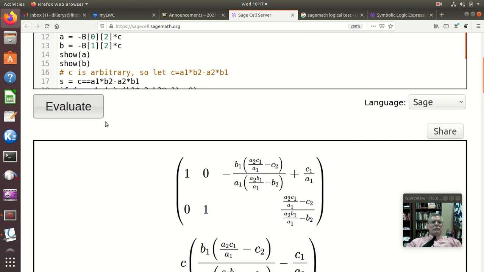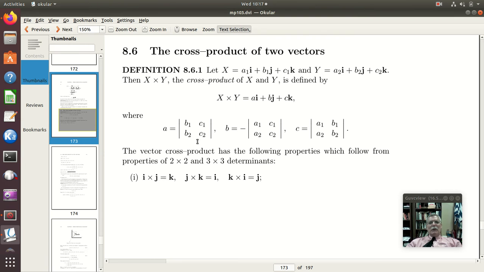And so what I did was I said, okay, we're going to make a substitution S here, that C is equal to A1 times B2 minus A2 times B1. And that again is what they would be saying here. So I'm saying let C be the determinant that this is giving, A1 times B2 minus A2 times B1.